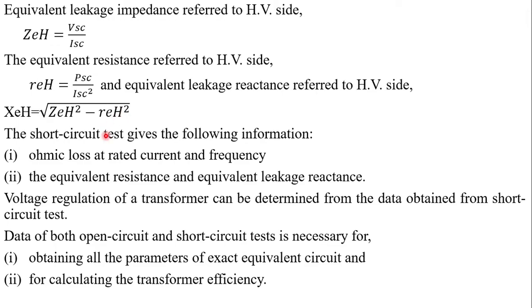Generally, the short circuit test gives the following information, which is used to determine the ohmic loss or copper loss in the transformer at rated voltage, rated current and frequency, as well as the equivalent resistance and equivalent leakage reactance. The voltage equation of a transformer can be determined from the data obtained from the short circuit test.